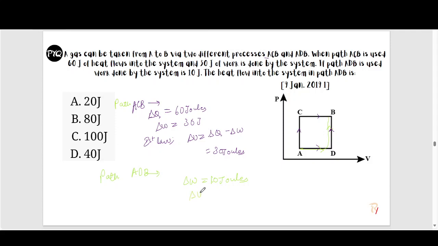For this path, del Q equals del U plus del W, which gives 30 joules plus 10 joules, so 40 joules is our answer.